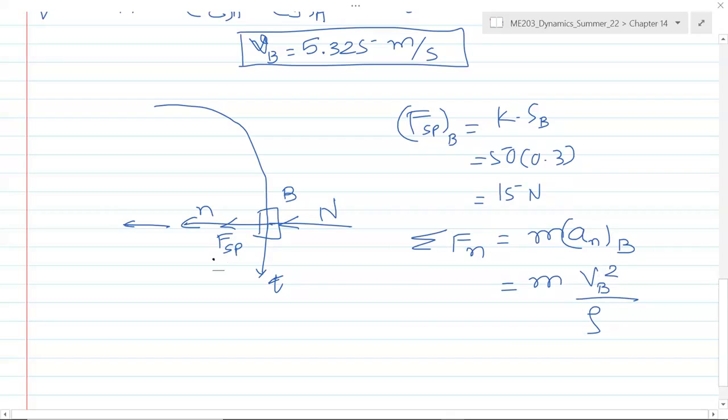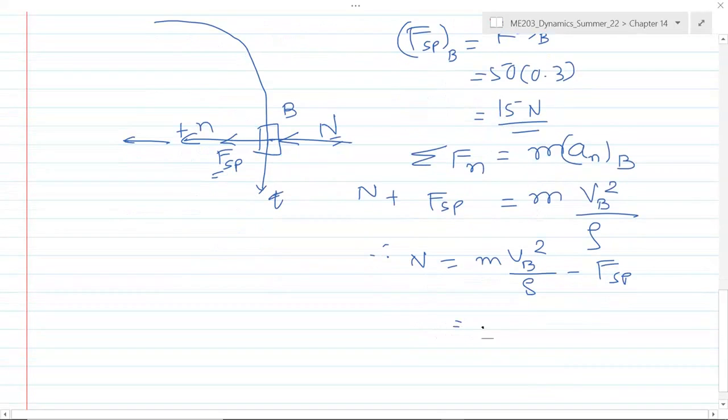And the forces are the spring as well as the normal force, and they both are in the positive n direction, so N plus F spring is equal to this. So we can calculate N equal to m vB square divided by rho minus F spring, where F spring is 15 newtons.